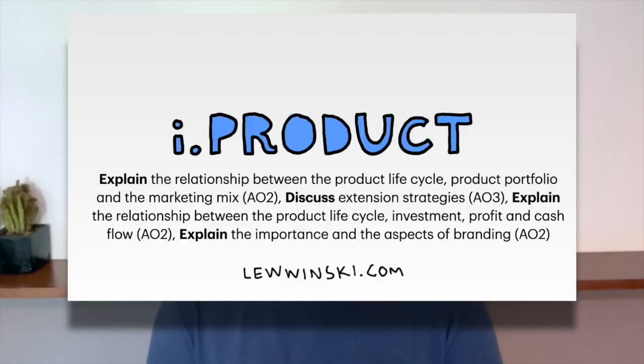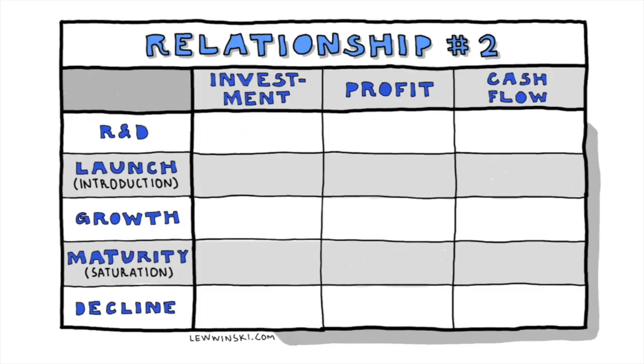So once again, one of the objectives for this class is to explain the relationship between stages of the product life cycle and investment, profit and cash flow. Now again, you're totally ready to figure out that difference and fill in this table. So what we're going to do now is to achieve these two assessment objectives that talk about the relationship of product life cycle and a bunch of other stuff.